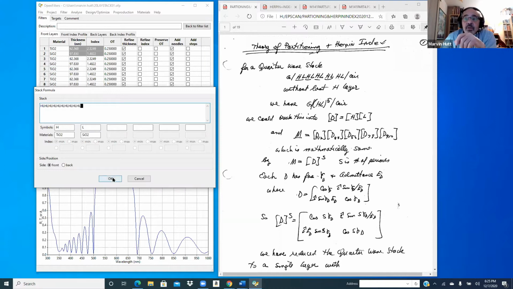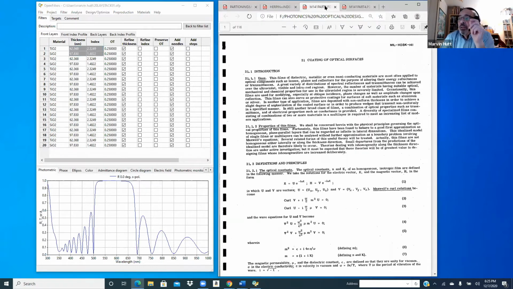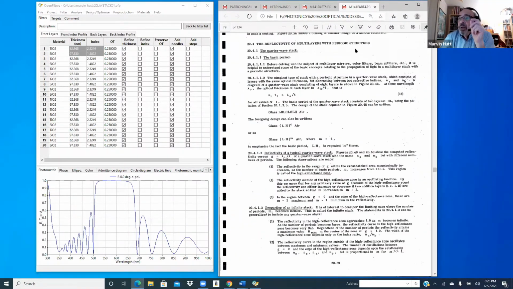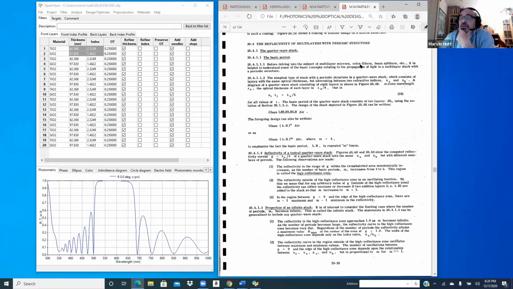Now, here is the quarter wave stack. Oh, it went back to the other part. Oh, here's the quarter wave. He calls it the reflectivity of multi-layers with periodic structures. Periodic means it's high, low, high, low, high, low, high, low. Okay? Periodic structures.